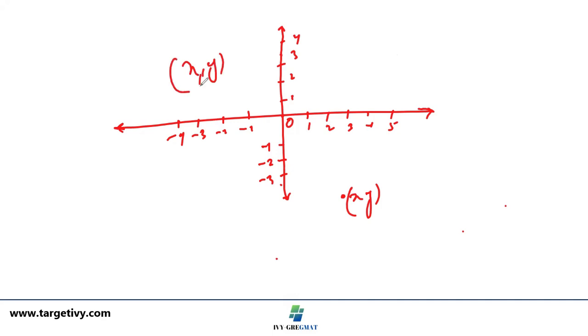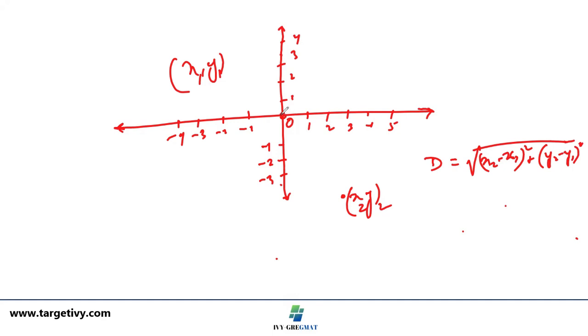So, this is x1, y1, this is x2, y2. The distance between these 2 points will be, so d is equal to the square root of (x2 minus x1) the whole squared plus (y2 minus y1) the whole squared.